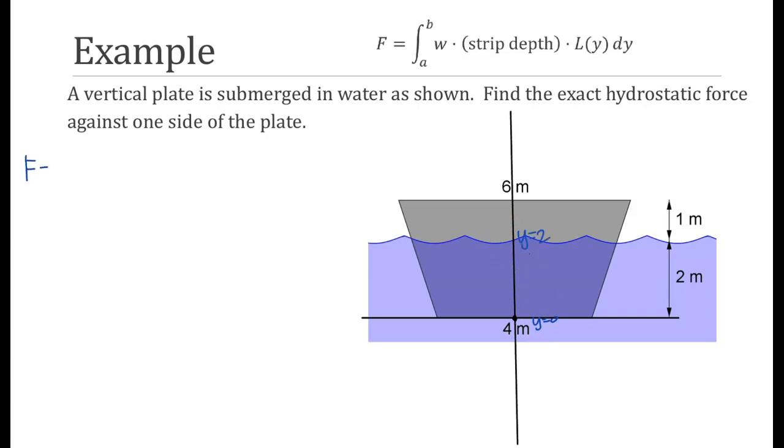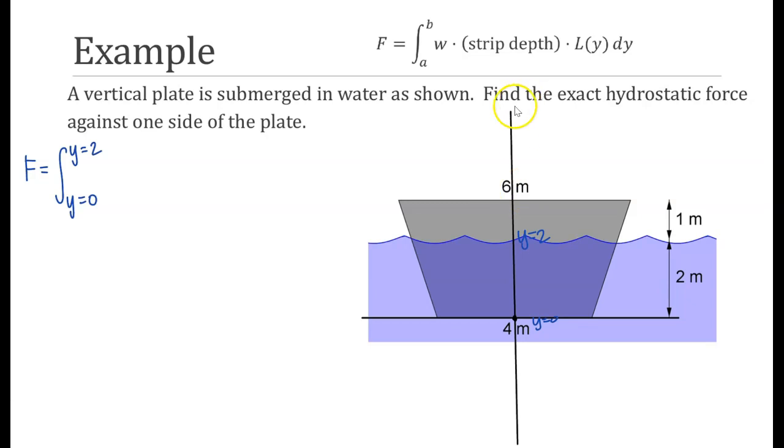So far, our force integral is going to look like the integral from y equals 0 to y equals 2. And then we're going to have to put our weight density. But this problem is actually in the metric system of units, because the lengths given are in meters.